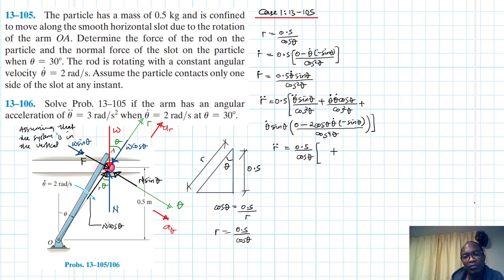Okay, then there we'll have tan theta double dot, tan theta, okay, then plus theta dot squared, and then plus 2 theta dot squared tan theta squared, like so.